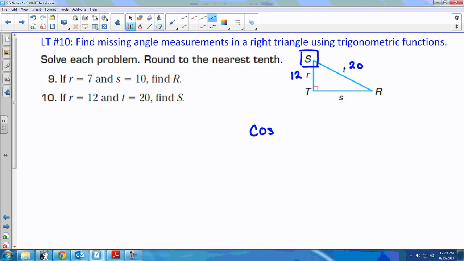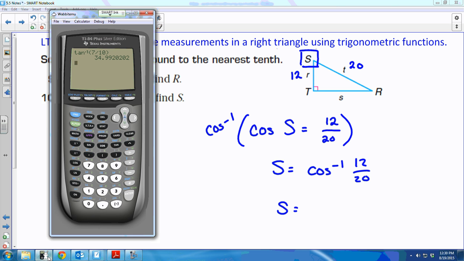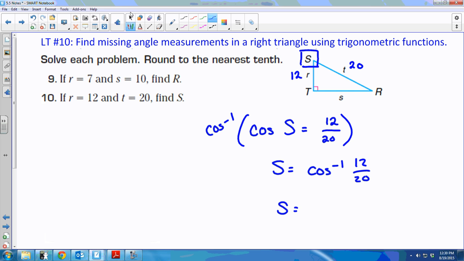Cosine of angle S equals 12 over 20, and we find the inverse. We're going to round to the nearest tenth. Inverse cosine of 12 over 20 is 53.1 degrees.